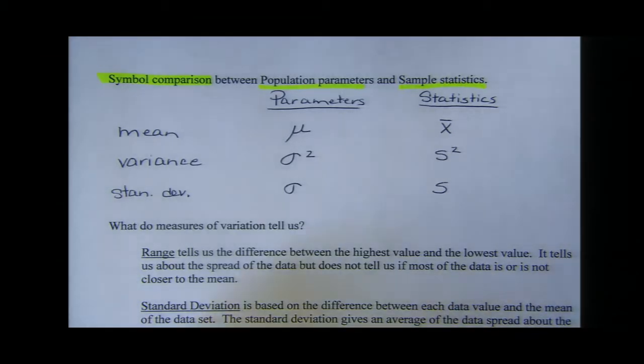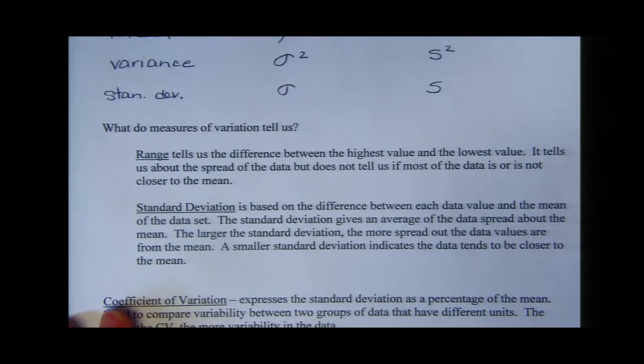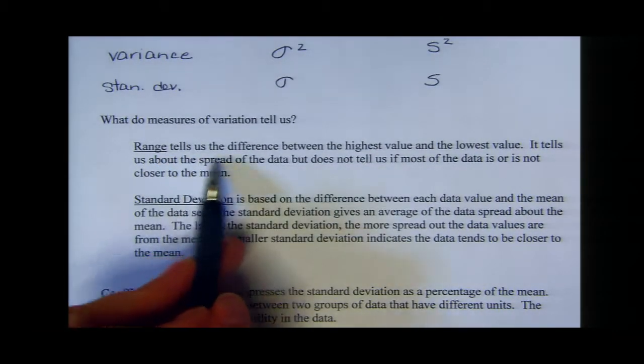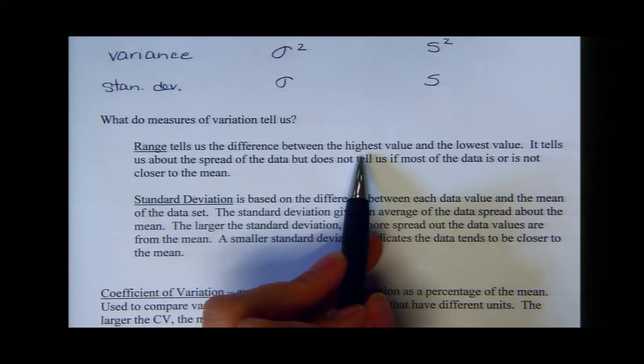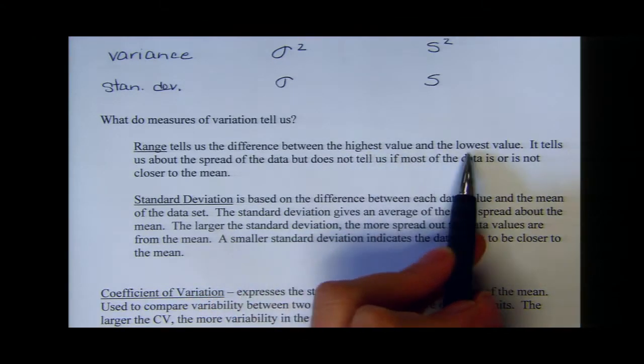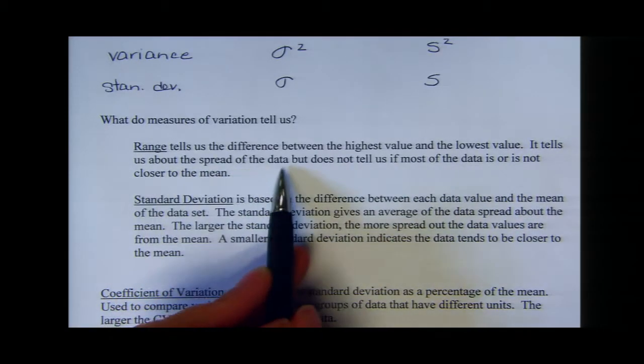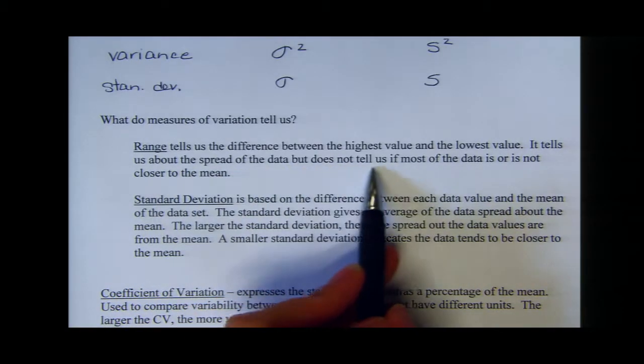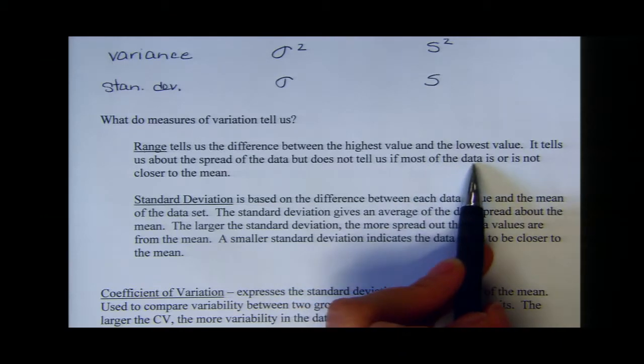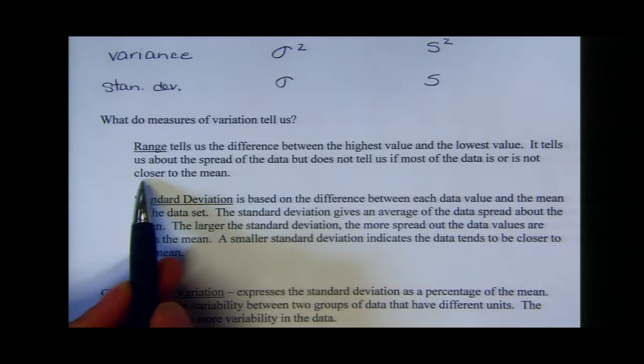So, what do the measures of variation tell us? So here's kind of a recap. The range tells us the difference between the largest or the highest value and the smallest or the lowest value. It tells us about the spread of the data, but does not tell us if most of the data is or is not closer to the mean.